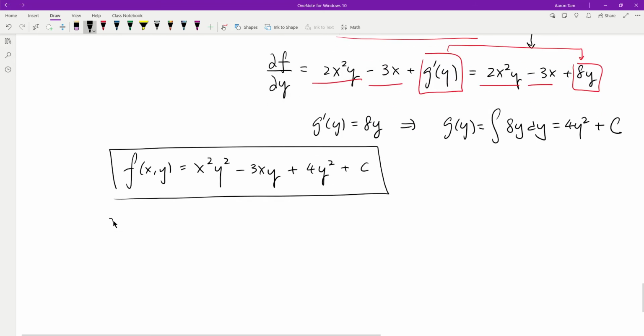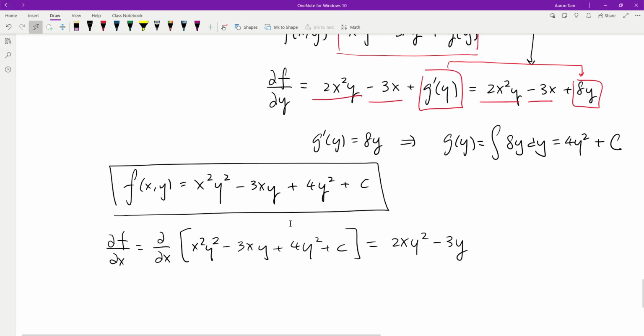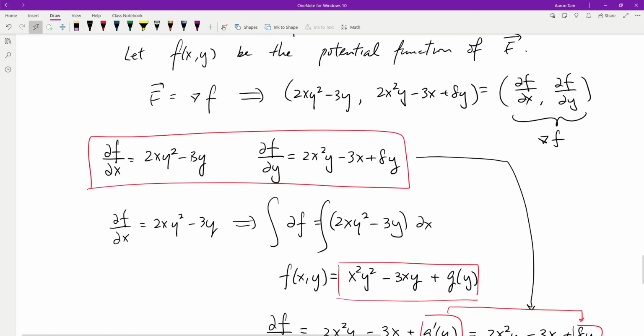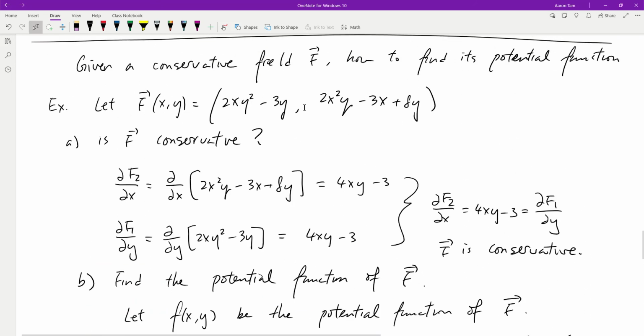If I take df over dx, then I'm taking a derivative with respect to x of x squared y squared minus 3xy plus 4y squared plus c. That comes out to be 2xy squared minus 3y, which is exactly what we have as f1 right there.